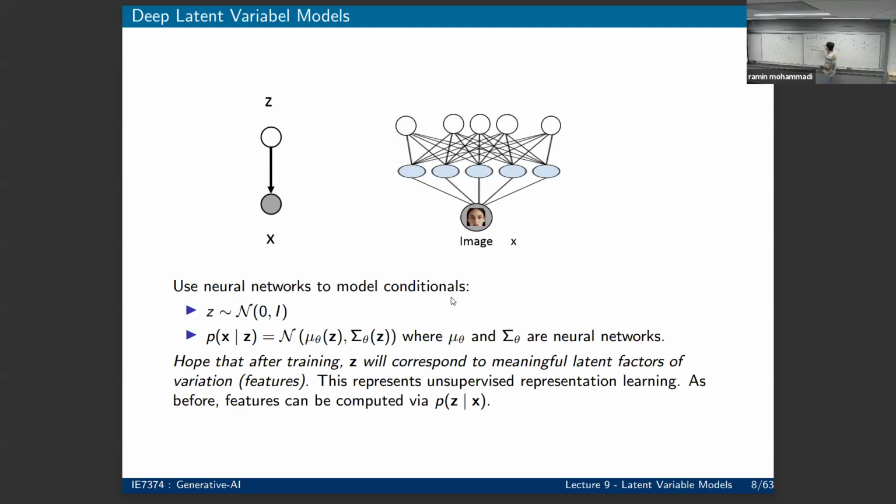Then this part itself has different definitions. This is a joint distribution. A joint distribution could technically be presented in two ways: conditional times prior, or likelihood times prior. And likelihood times prior you can also present in two different ways: once as x given z, once as z given x. So let's say you put x given z.